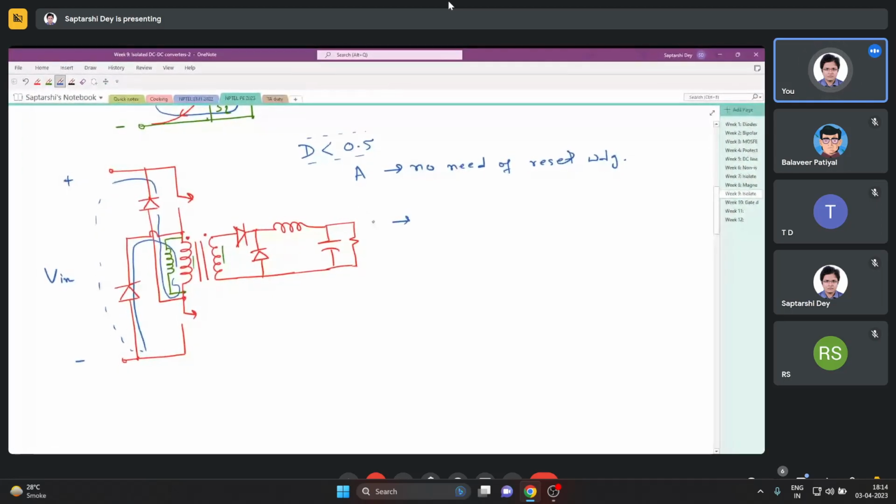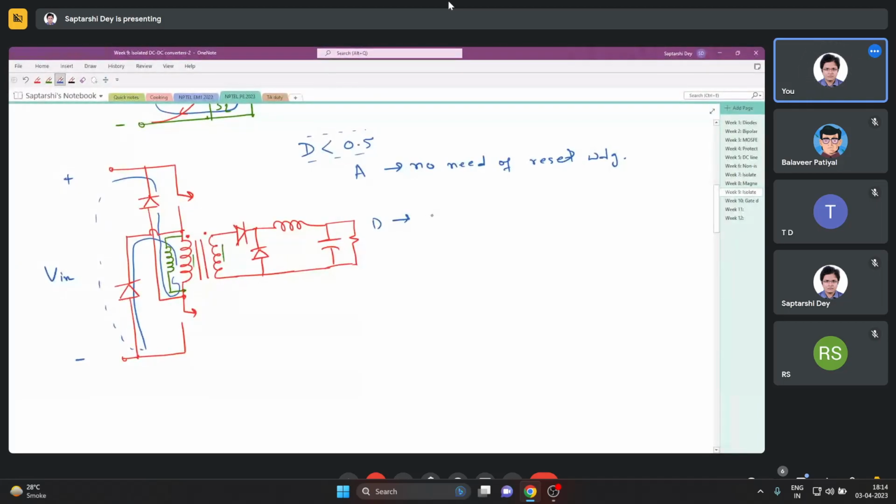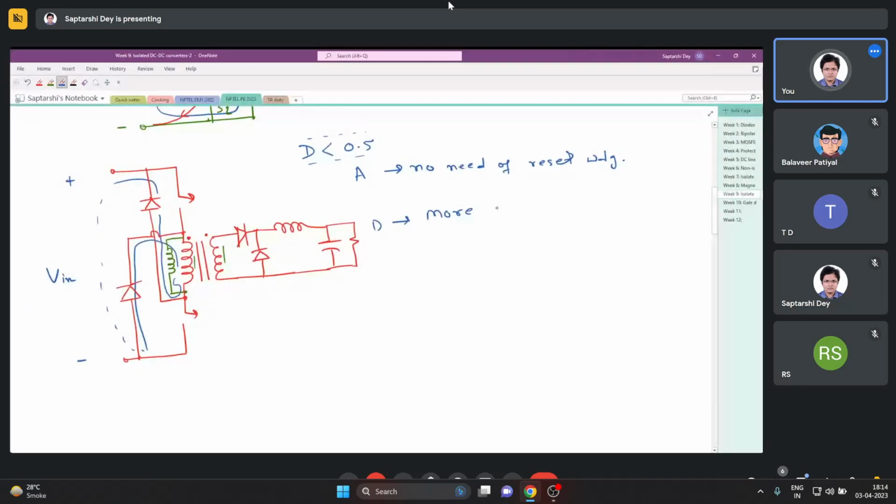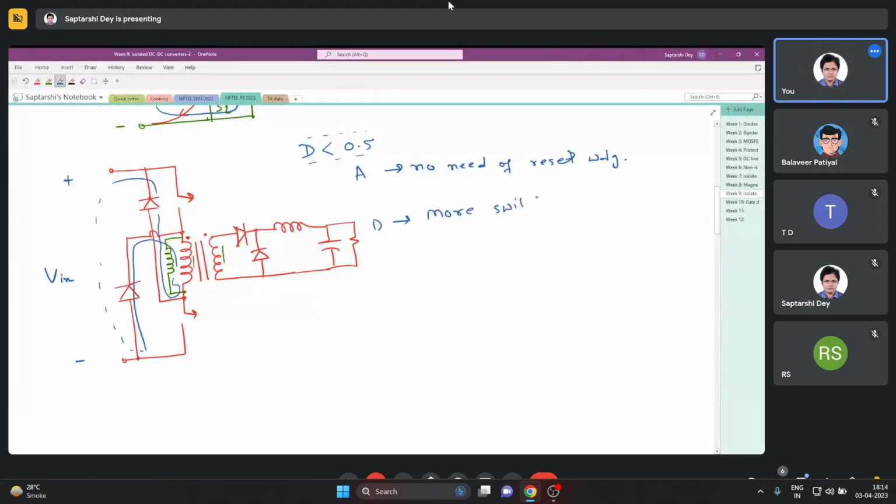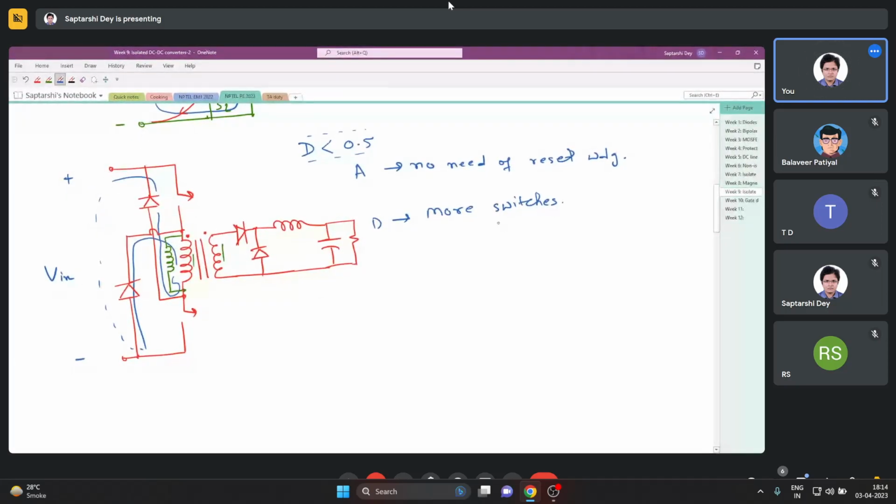But the disadvantage is more switches, more switches. So this is one kind of forward converter that I wanted to show.